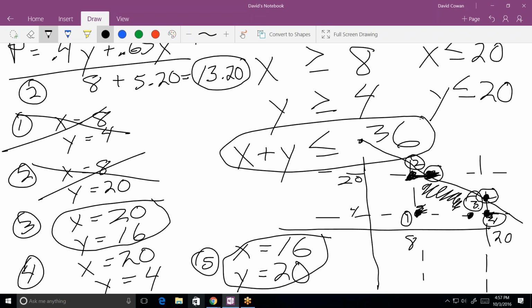But technically, I wouldn't do any of that sophisticated analysis. Basically, the methodology is you go in and you plug in each coordinate for x and y, and whatever produces the most p, that's what you produce. Okay.